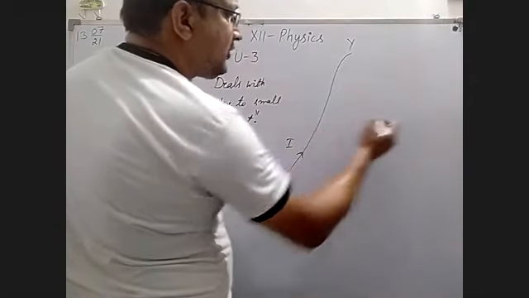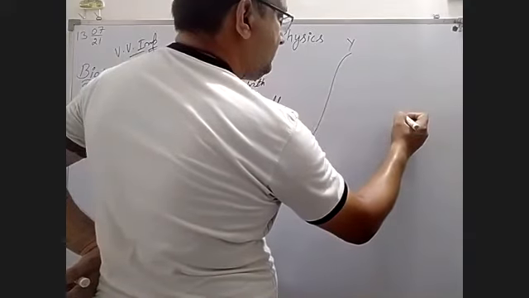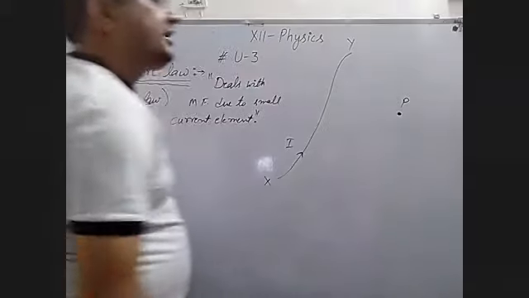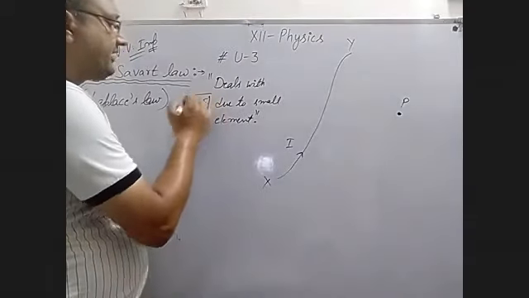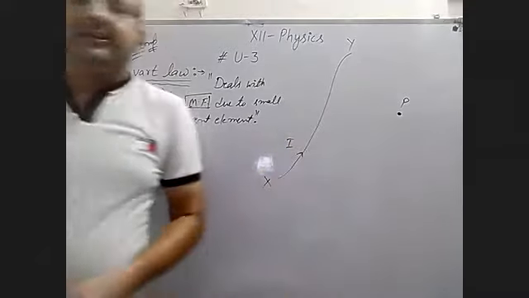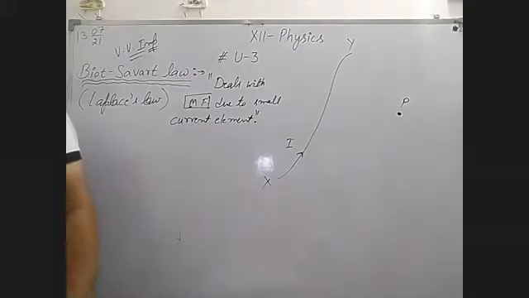And suppose a point P is there. Here you want to calculate the magnetic field. This is a current carrying conductor XY, and this is a point where you want to take the value of magnetic field.